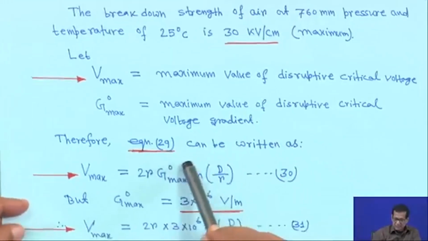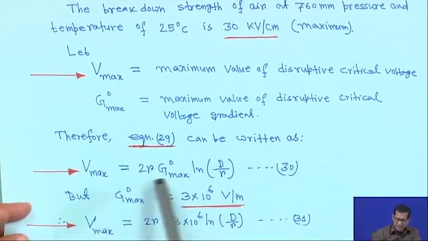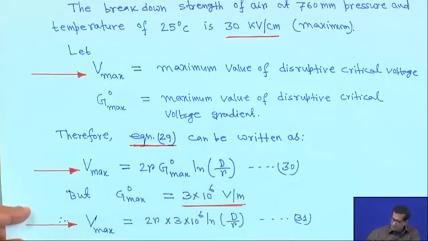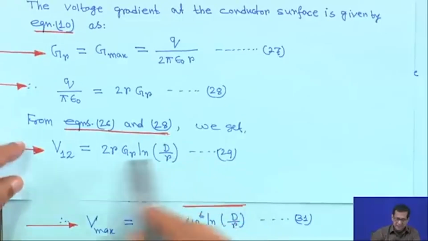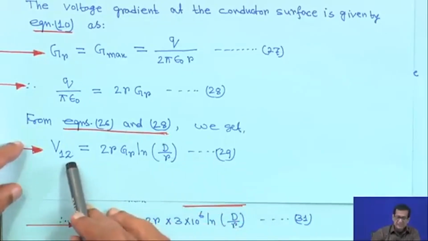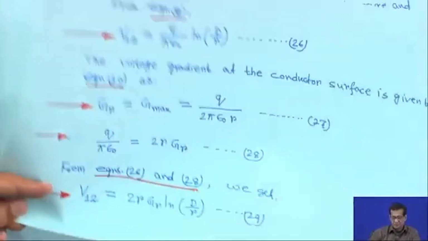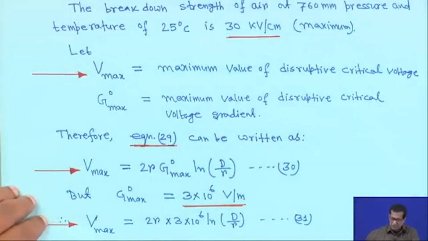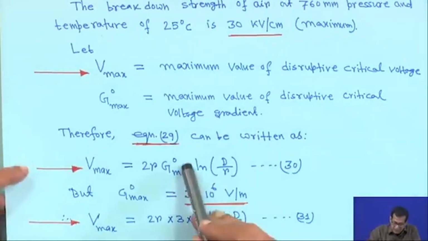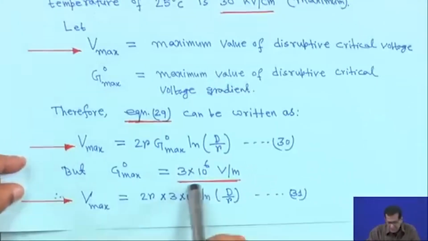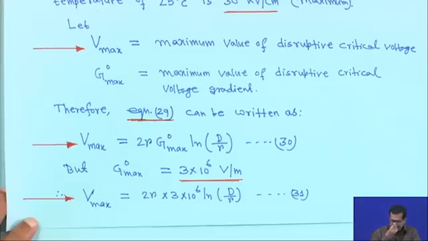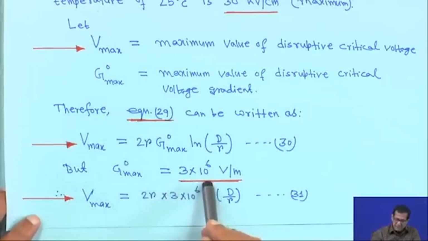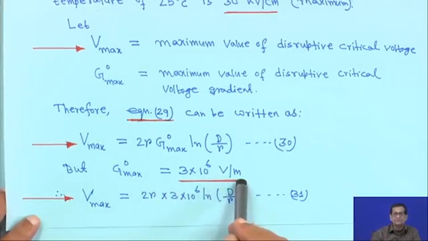Therefore, equation 29 can be written as V max is equal to 2R G max 0 ln d upon R. So, in this equation, instead of V12 we will write V max. So, V max is equal to 2R G max 0 ln d upon R, but G max 0 is 30 kilovolt per centimeter, which is equal to 3 into 10 to the power 6 volt per meter.